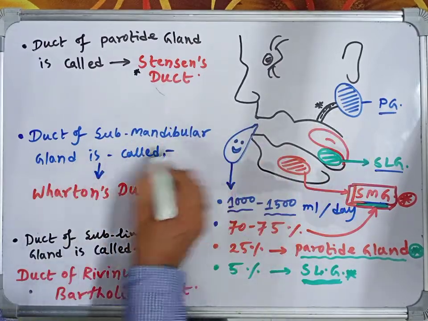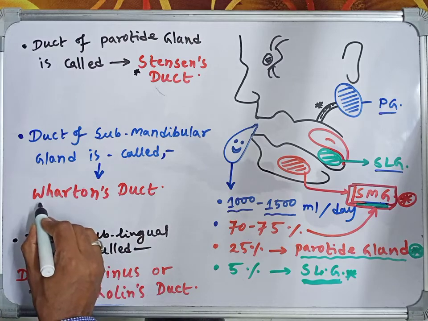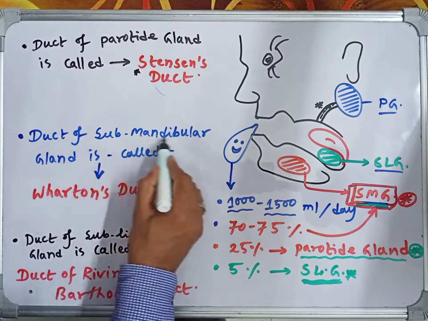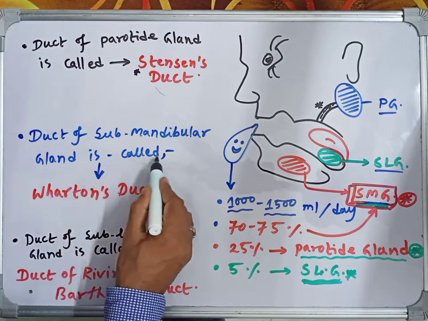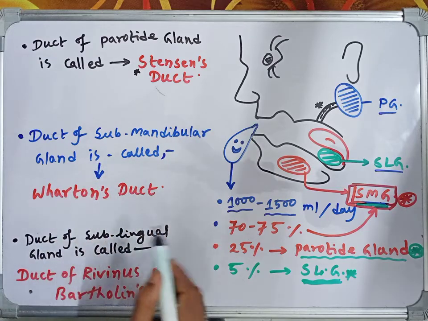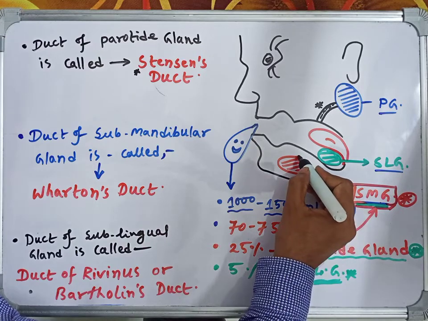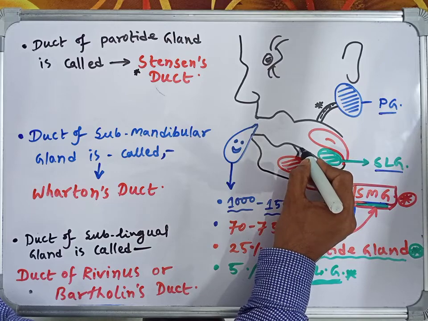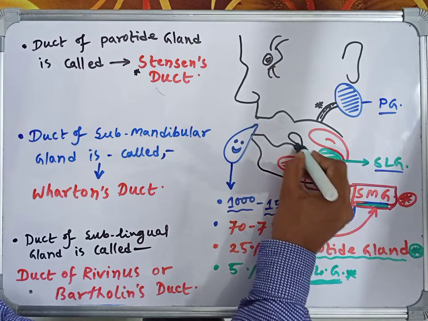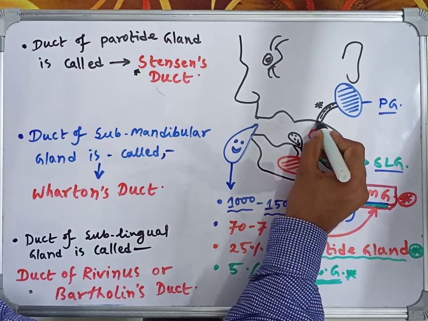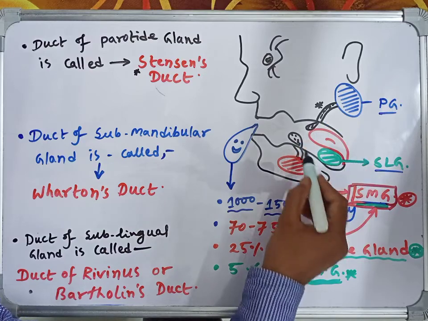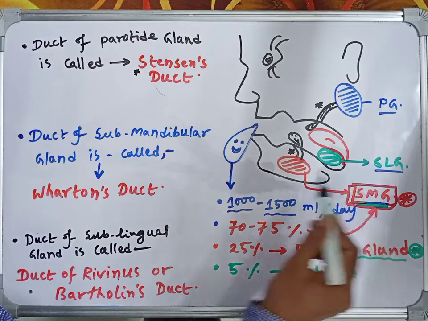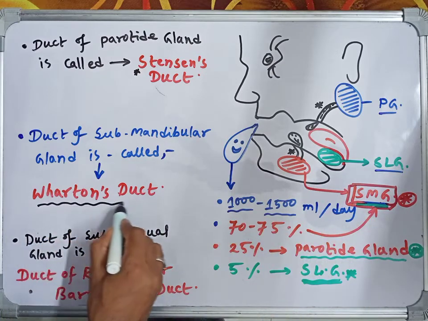And the duct of the submandibular gland is called Wharton's gland. Sorry, not gland. The duct of the submandibular gland is called Wharton's duct. So that is the submandibular gland, and it opens into the mouth, and this one also opens into the mouth, and this duct of the submandibular gland is actually called Wharton's duct.